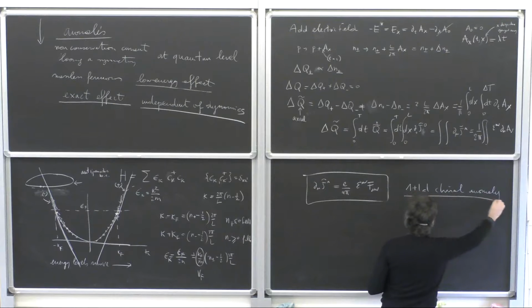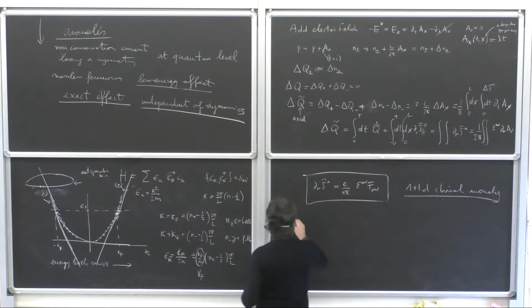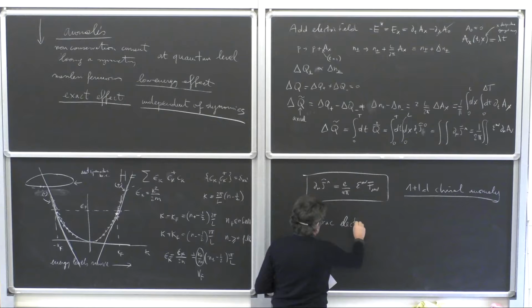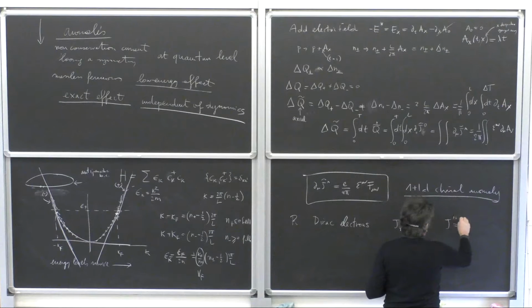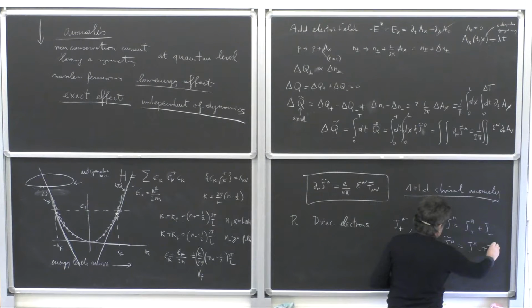So in the relativistic theory, we have a Dirac electron. You have two independent currents, J plus and J minus. And J, which is J plus plus J minus, the total charge, is conserved. And J tilde, which is the difference, is also conserved at the classical level.